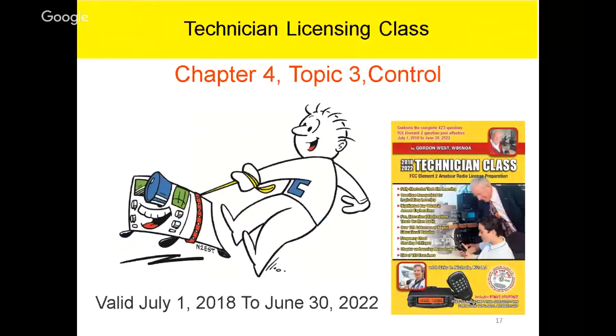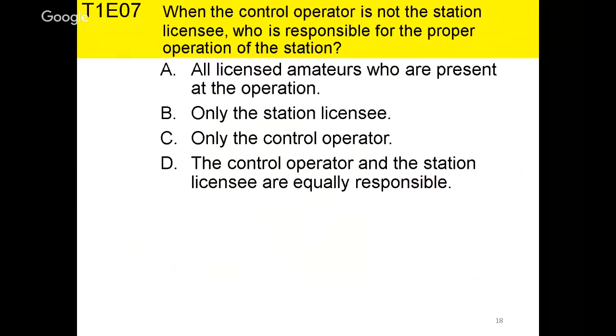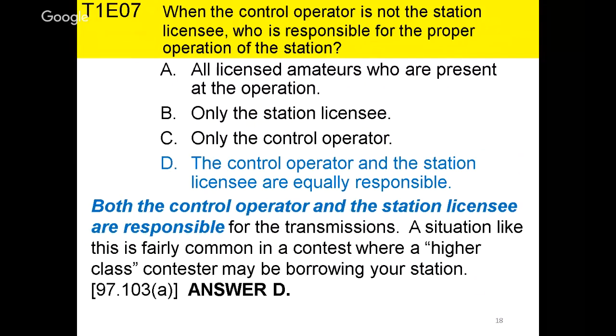All right, now we're getting into control. Again, we talk about a control operator and who the responsibility falls on. When the control operator is not the station licensee, who is responsible for the proper operation of that station? The control operator and the station licensee are equally responsible.